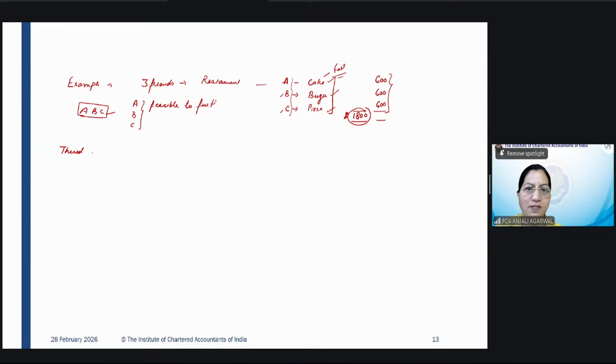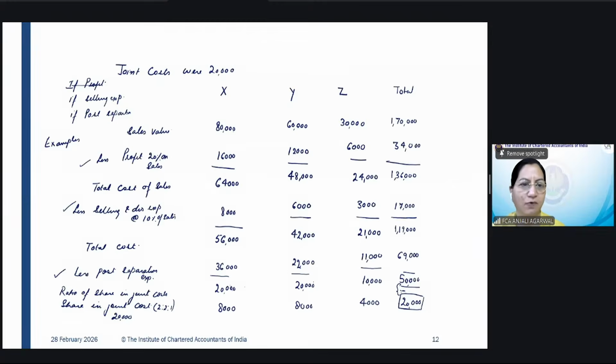It may be possible to process A and B further, but C can no longer be processed, so you have to sell C at that point. So in this kind of question, C will have post-separation cost nil.